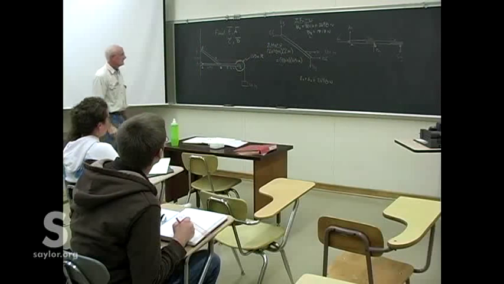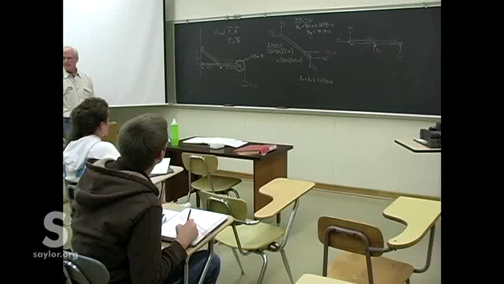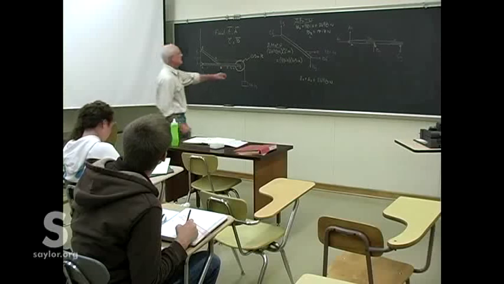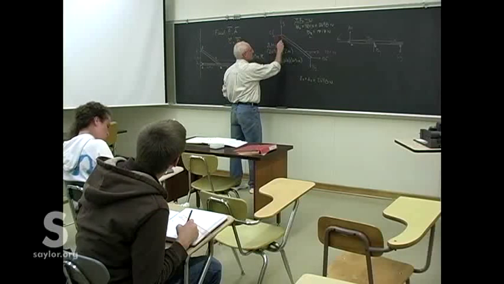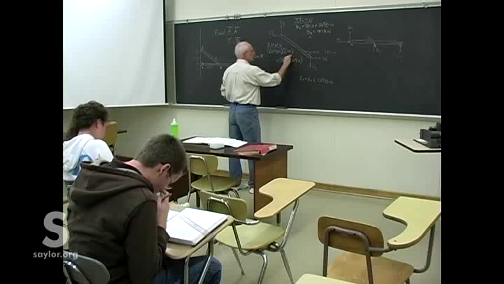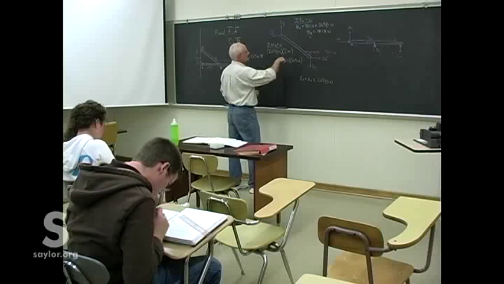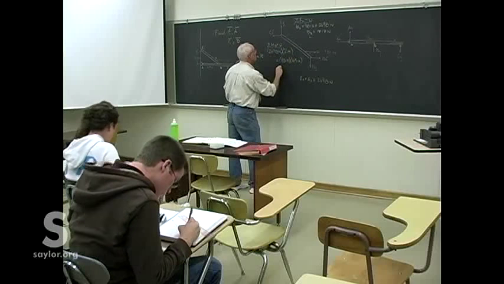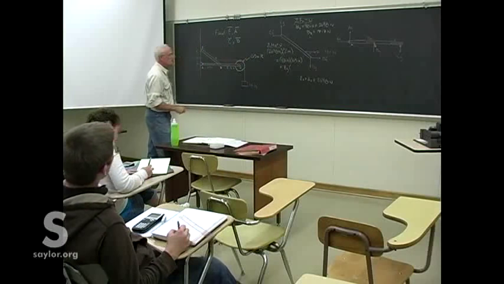Uh-oh. No unknown? No, plus EY. Don't forget, it's easy to miss that EY also has a moment. And it's in the same direction as D is with respect to B. So there's the unknown in this equation. There's only one. Good, we can find it.